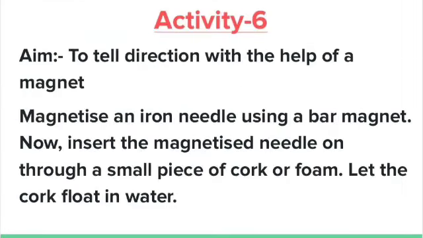Activity number 6. The aim of this activity is to tell direction with the help of a magnet, meaning how a magnet is helpful for finding out the direction. The method is to magnetize an iron needle using a bar magnet.